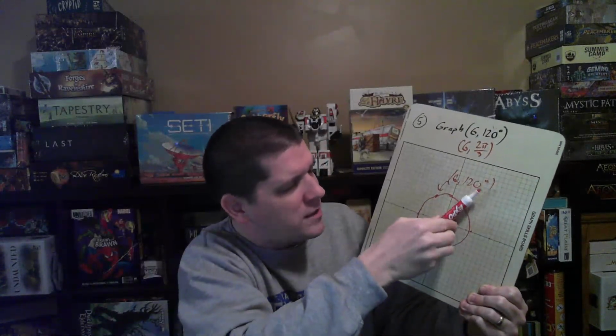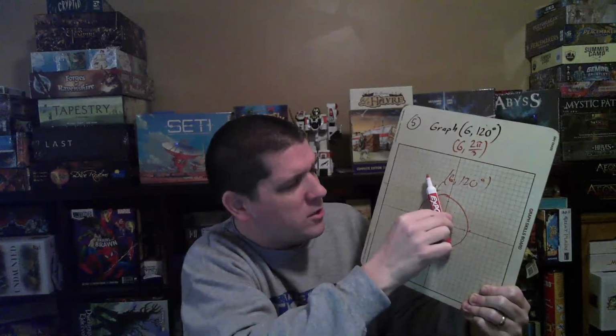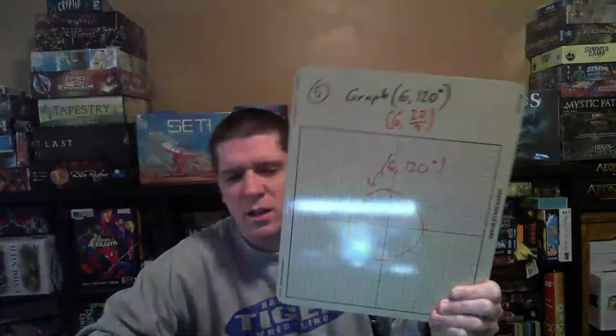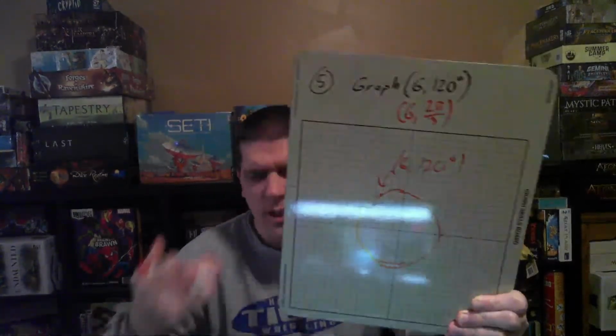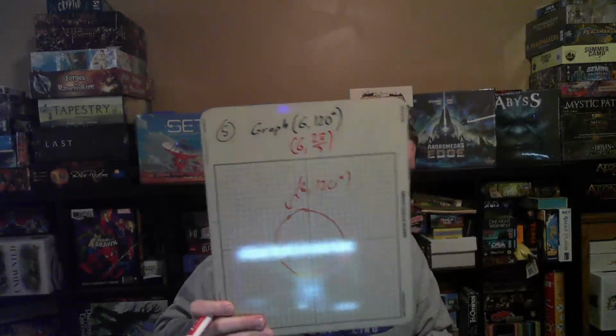So if I cut this half into thirds, that being 1/3, that being 2/3, I could say that's 2/3 of the way halfway around the circle. That's really how I think about it when I'm looking at radians. So that's the idea of graphing.